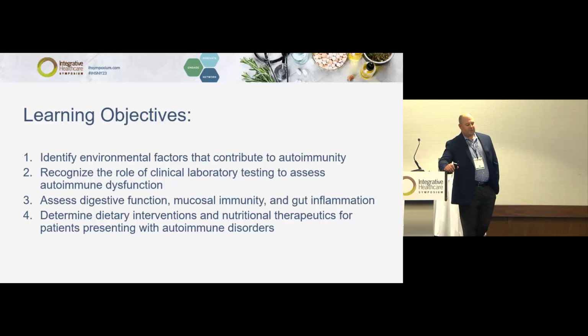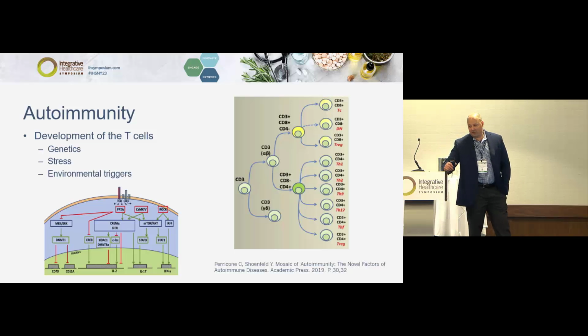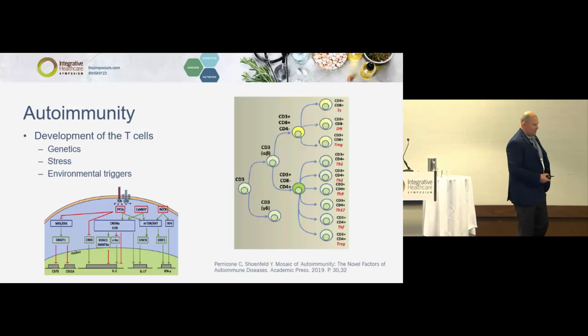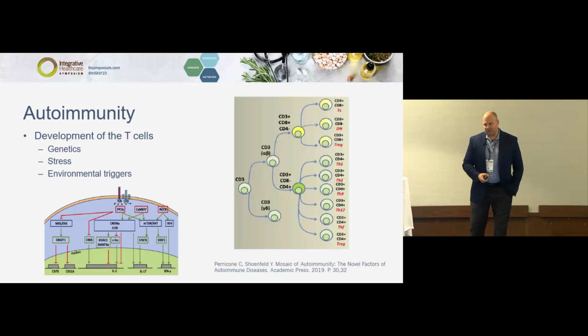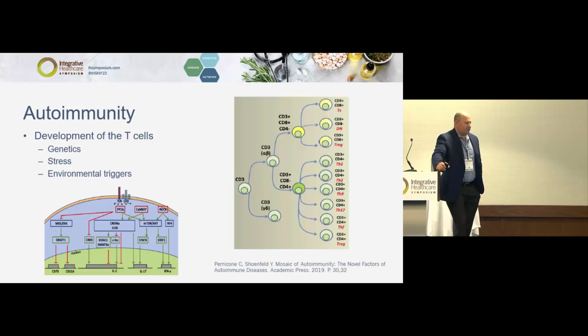This is a couple of figures out of Yehuda Shoenfeld's book. I just want to mention briefly the development of T cells. A lot of practitioners will test these autoantibodies as predictors of future disease or for the diagnosis of different autoimmune conditions, and those are typically produced by your B cells.